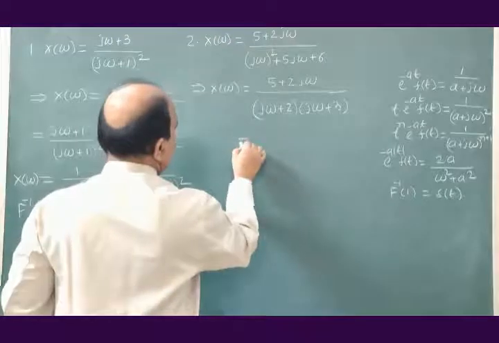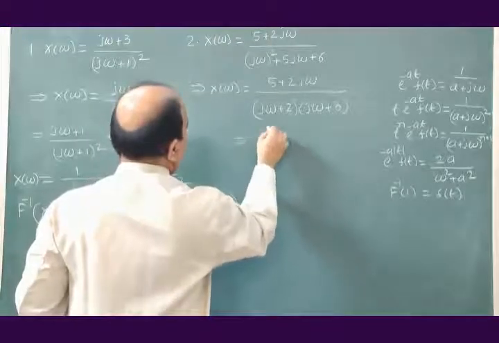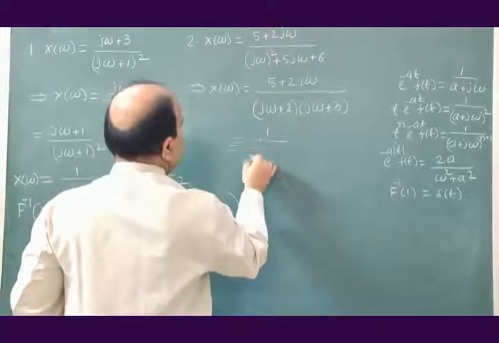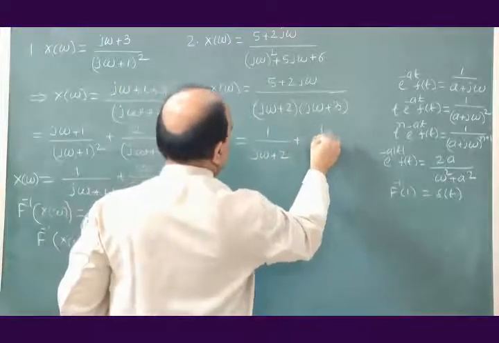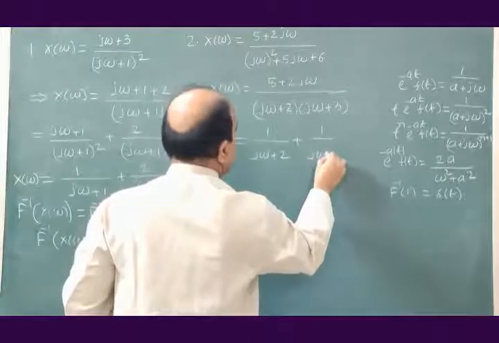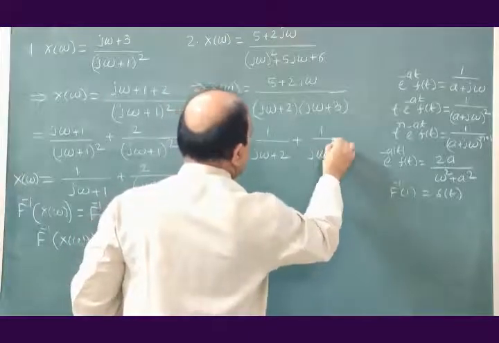This is equal to 1 divided by j omega plus 2 plus 1 divided by j omega plus 3.